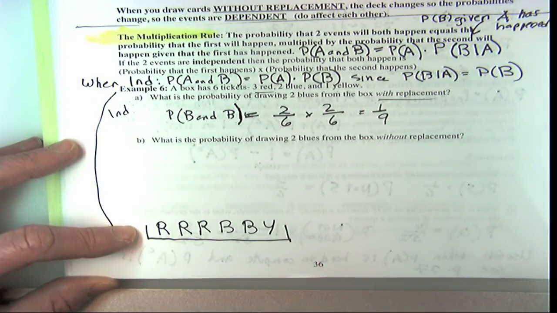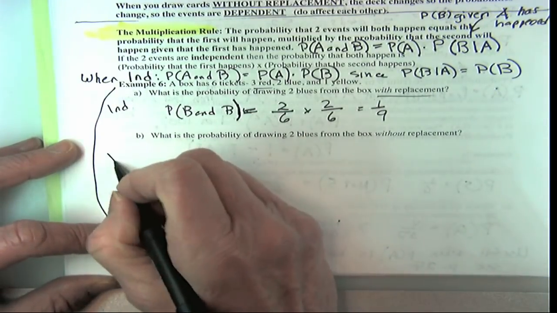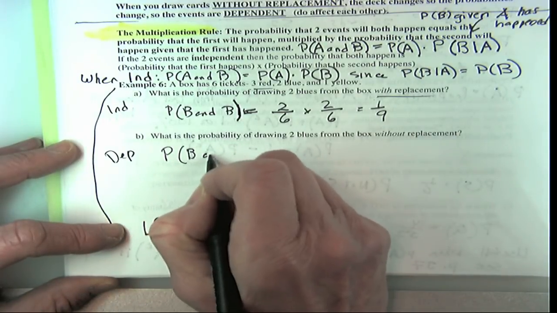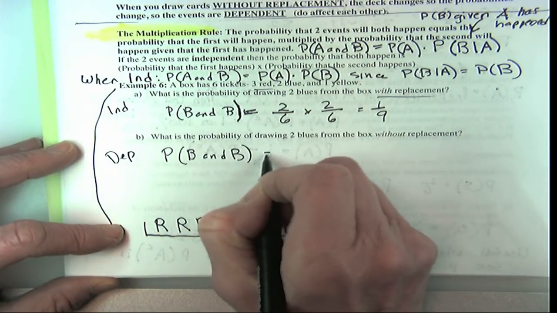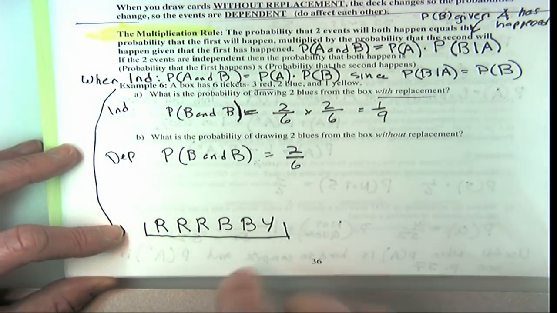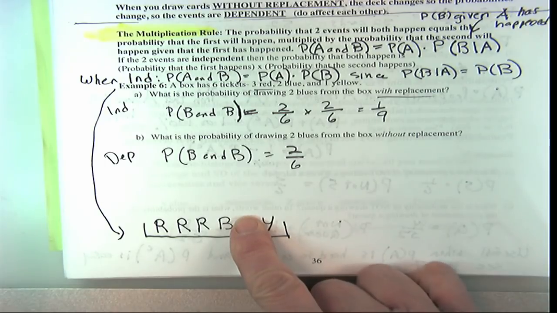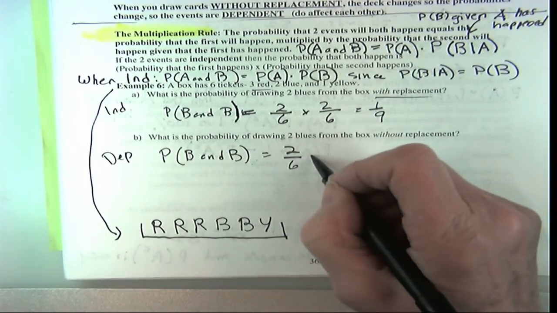All right. But what about without replacement? Then the 2 events are dependent, so the probability of blue and blue changes. It's still 2 out of 6 for the first blue, but now you don't put it back, so you're going to multiply it by something.